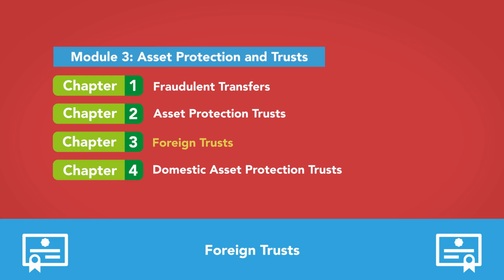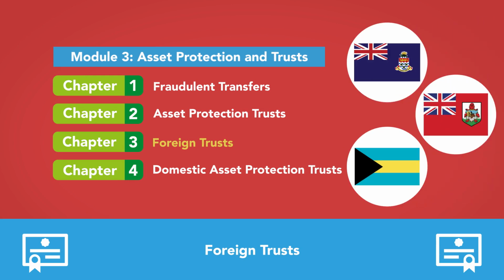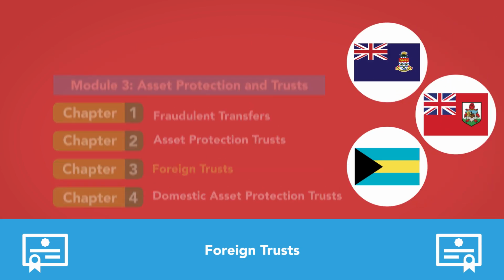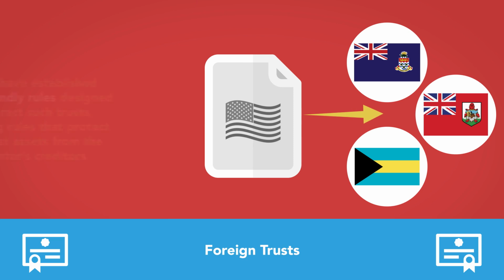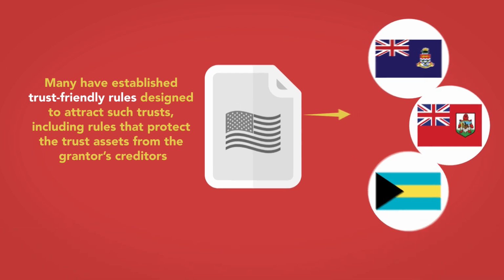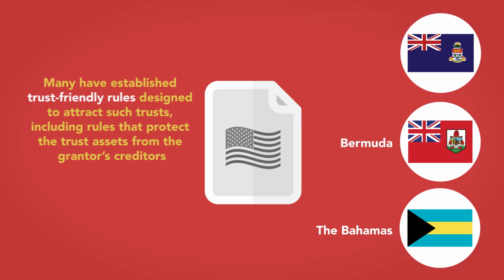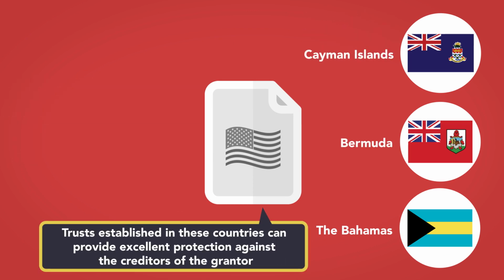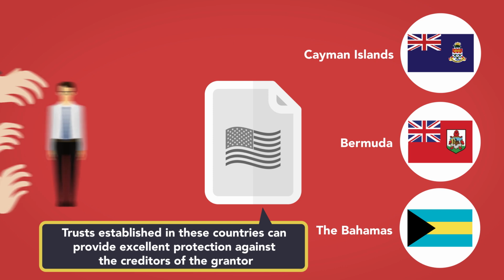Foreign trusts. Many small countries near the United States are happy to have the business of American trust dollars invested in their economies. Many, therefore, have established trust-friendly rules designed to attract such trusts, including rules that protect the trust assets from the grantor's creditors. These countries include the Bahamas, Bermuda, and the Cayman Islands. Trusts established in these countries can provide excellent protection against the creditors of the grantor.